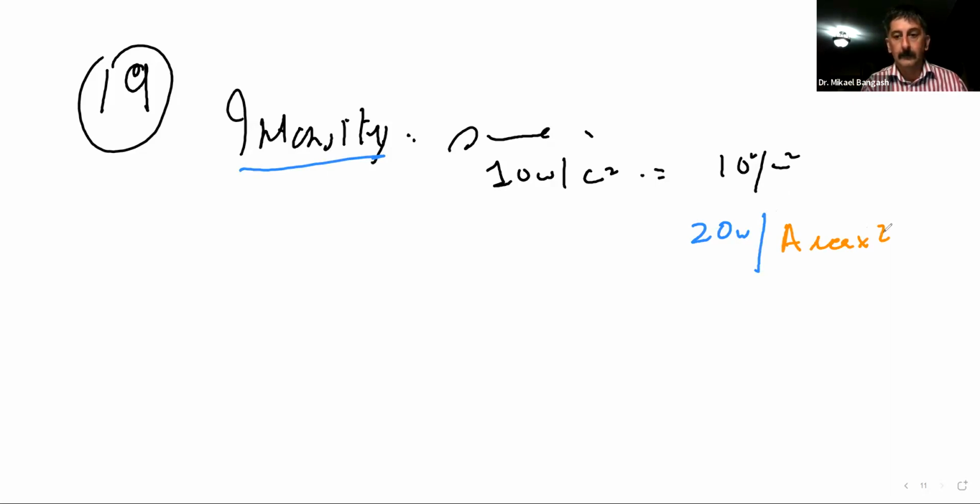Clear? So what it actually becomes is 10 watts per centimeter square. But we double the power to 20 watts.